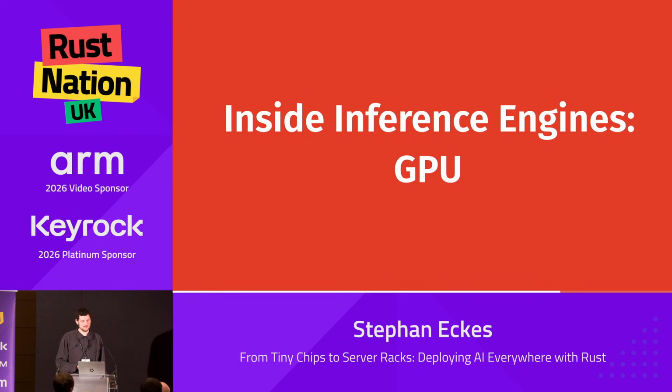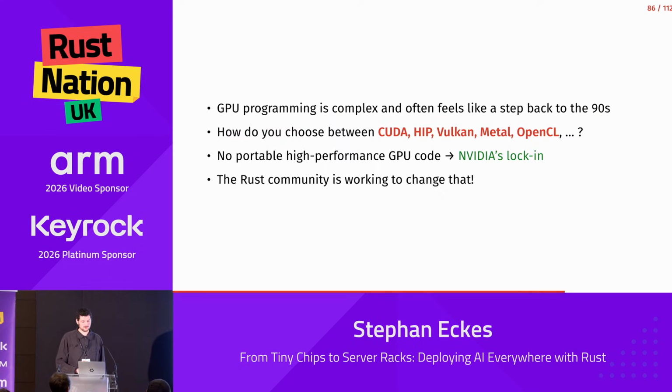Yeah. And then just to have a look at GPU, where Rust could actually get really beneficial for the future. So GPU programming is super complex and feels like a step back to the 90s. That's what I read a lot of times, because you need those crazy shaders and things just work differently. And then it's also complex because how do you choose if you want to use CUDA, HIP, Vulkan, Metal, or OpenCL?